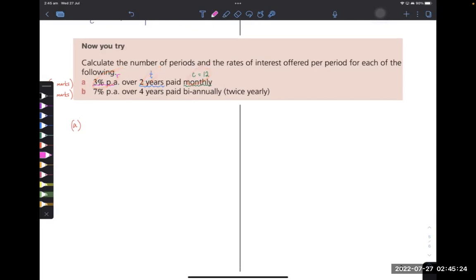I'll make this simple. N is equal to T times C. Okay, that's the same as saying 2 years, and for every year, we're going to have 12 payments per year.